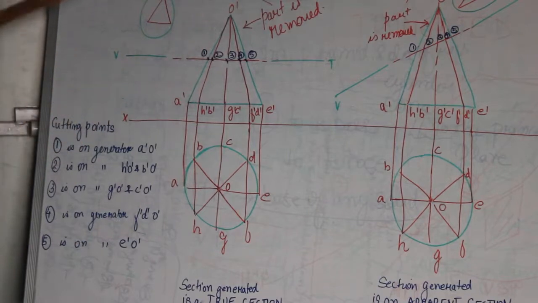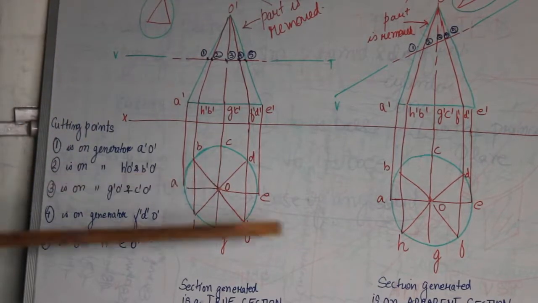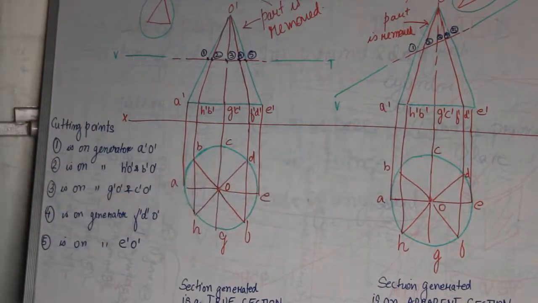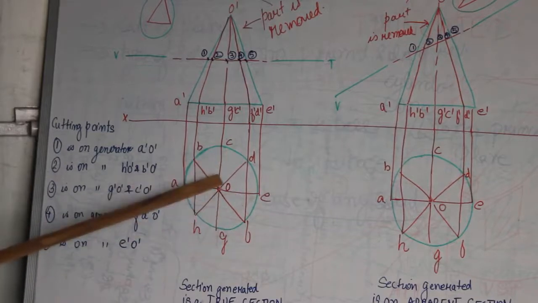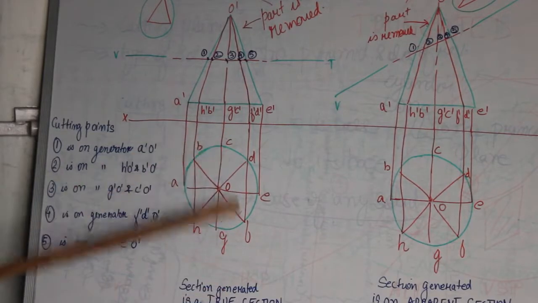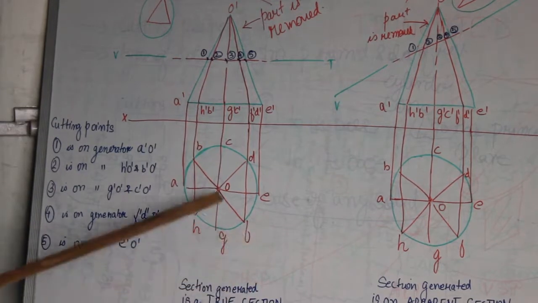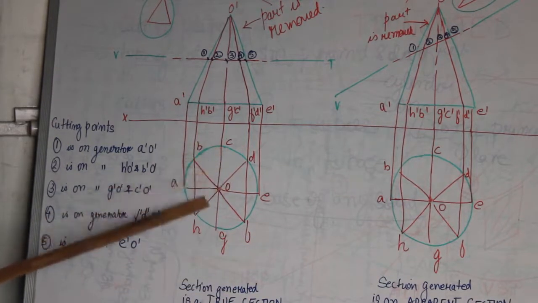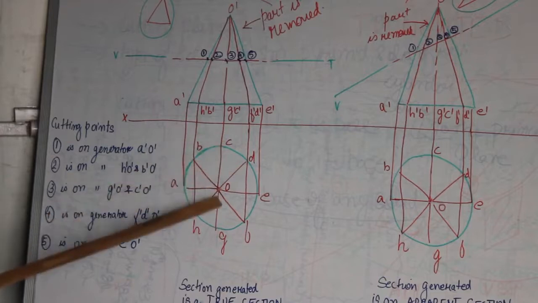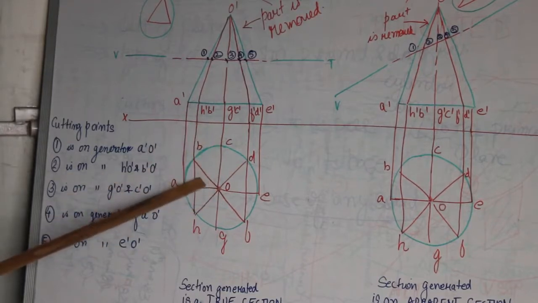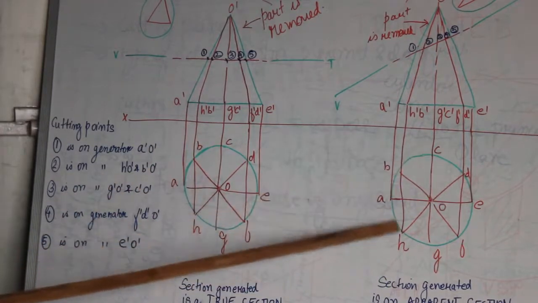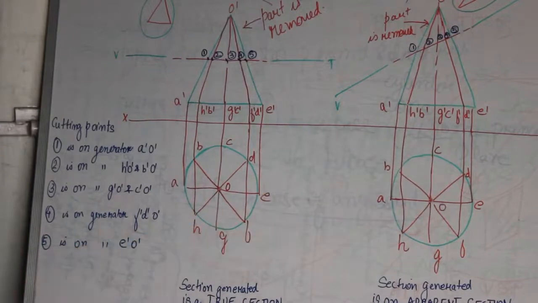Whatever section we get in the top view, will it be a true section? Like here I have said, the section generated is a true section. Over here, whatever section will be generated, will be made or projected, will be a true section. Over here, whatever section is generated in the top view will be an apparent section. How?